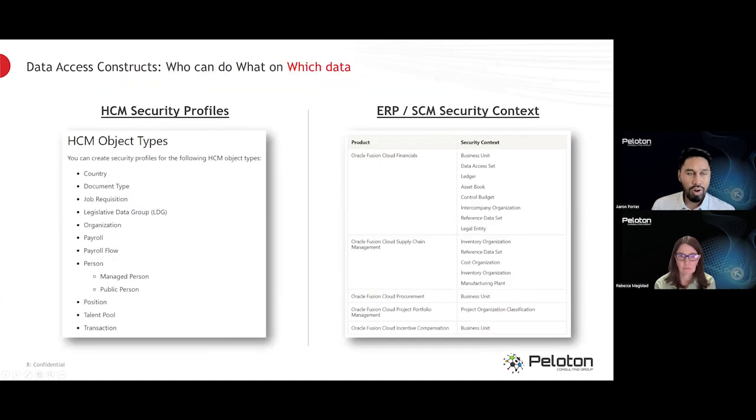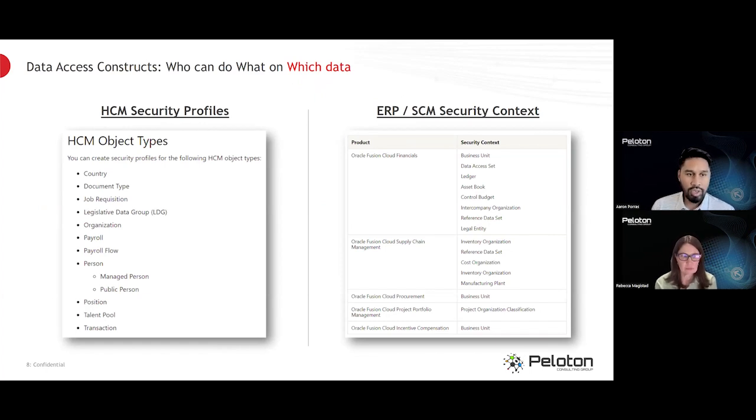All right, so I know we're moving quick here, but after we assign roles, the next thing that I want to think about is data access here. This is the "which data" part of the summary statement. Now data access and data security is slightly different across the pillars.